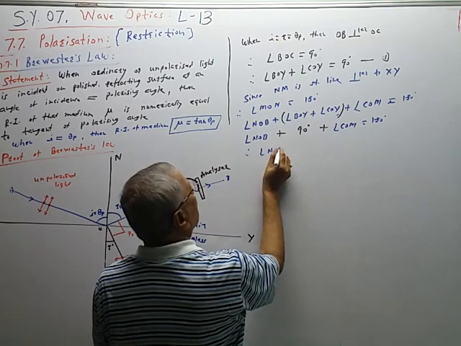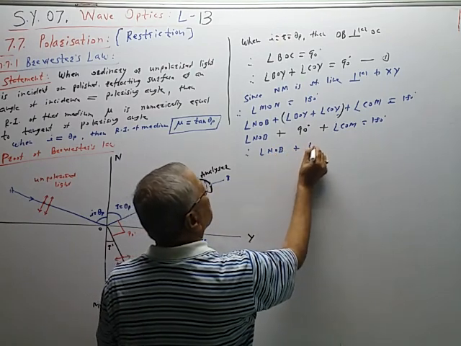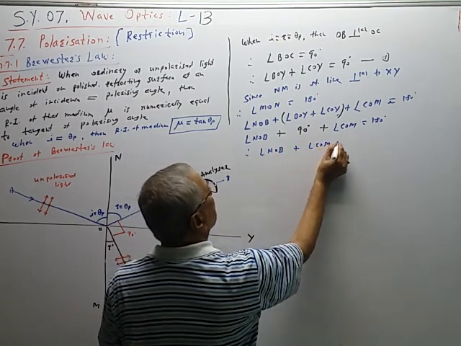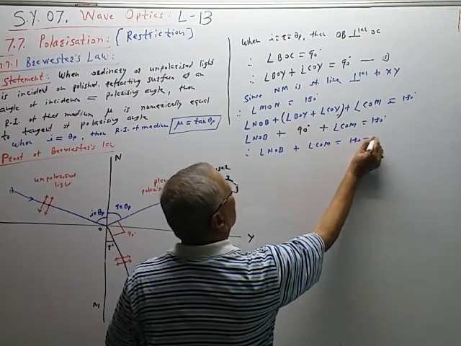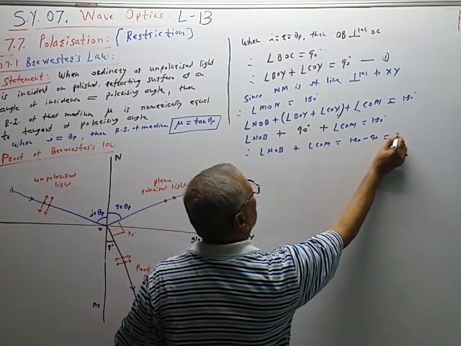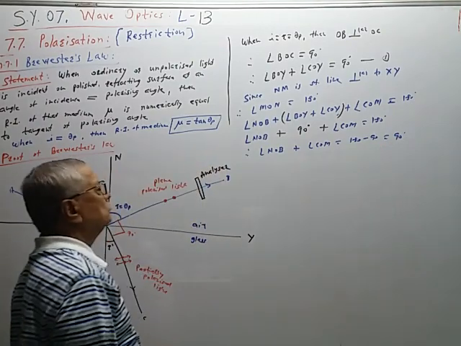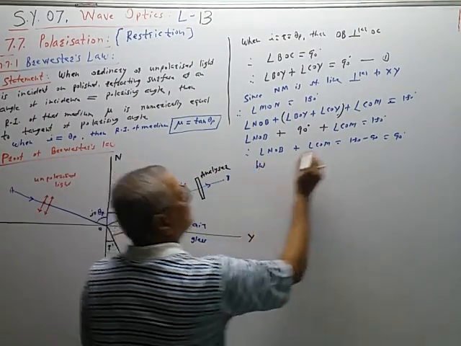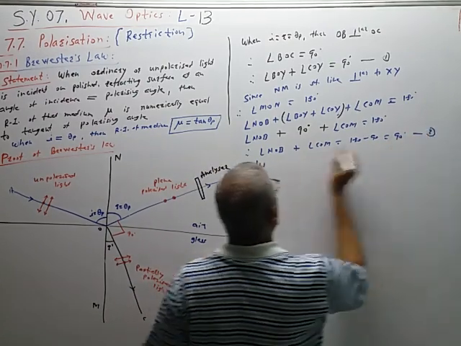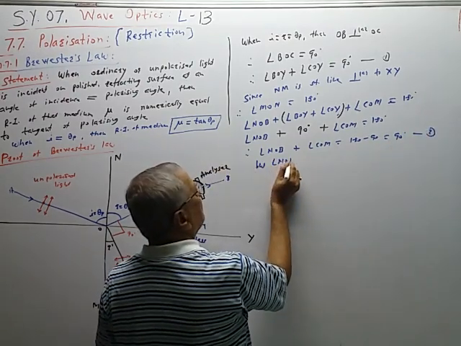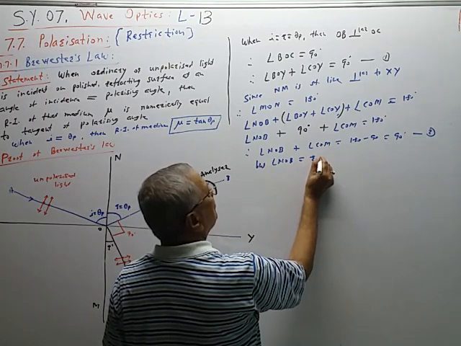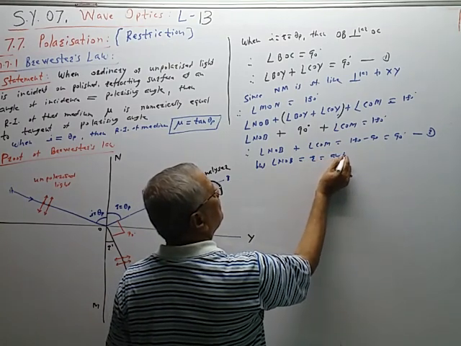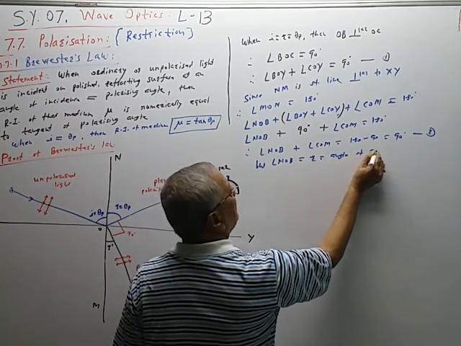Therefore angle NOB plus angle COM is equal to 180 minus 90 is equal to 90 degree. So this is equation 2. Now what is NOB? Angle NOB is equal to R, the angle of reflection.